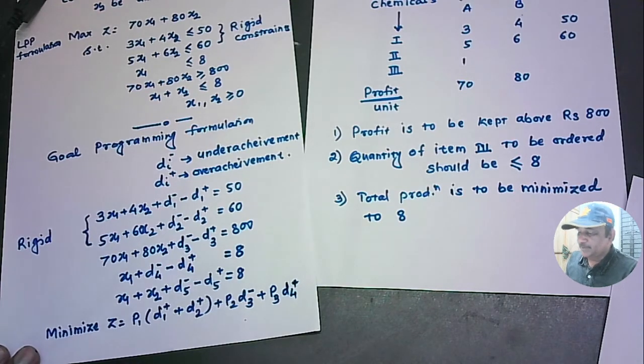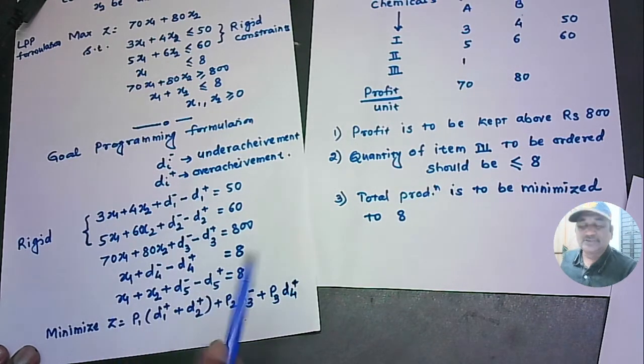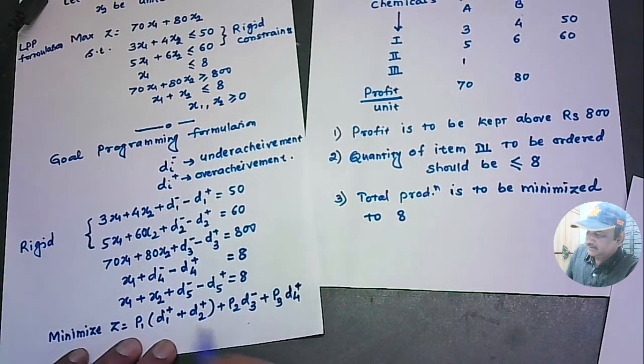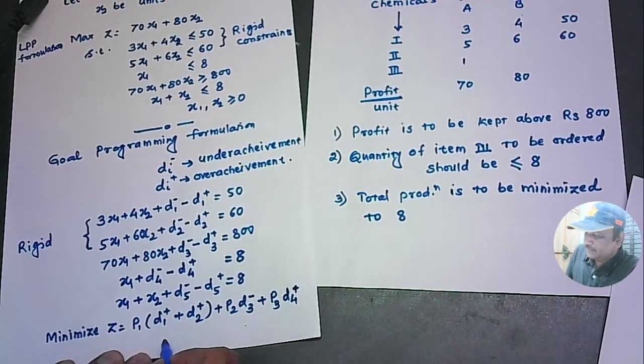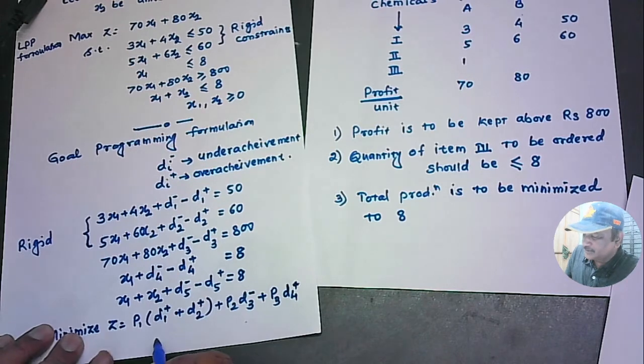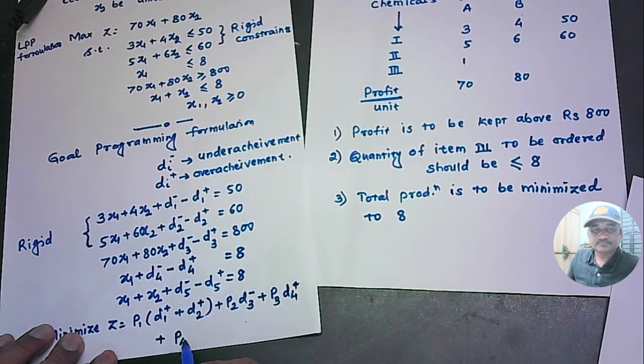And the production is also to be minimized. Production also to be minimized means you want to minimize overachievement of the production. That will come as the fifth objective, after the fourth priority objective, and what among these two will come to multiply?